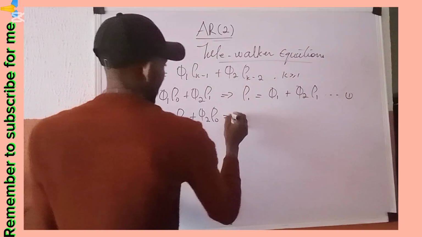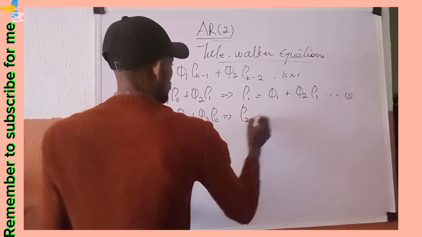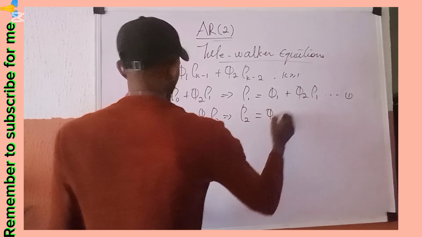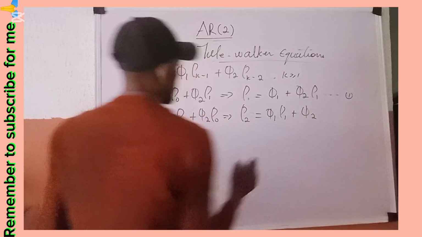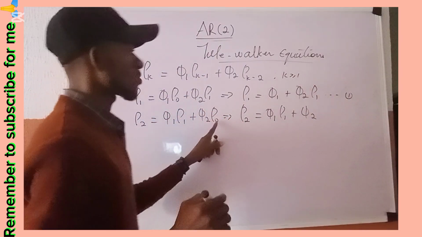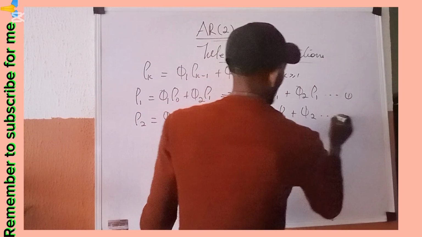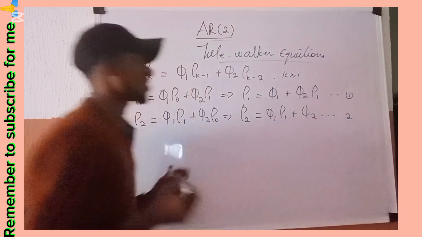So this implies that rho 2 is given as phi 1 rho 1 plus phi 2, reason being that rho 0 is 1. We call this our equation 2.